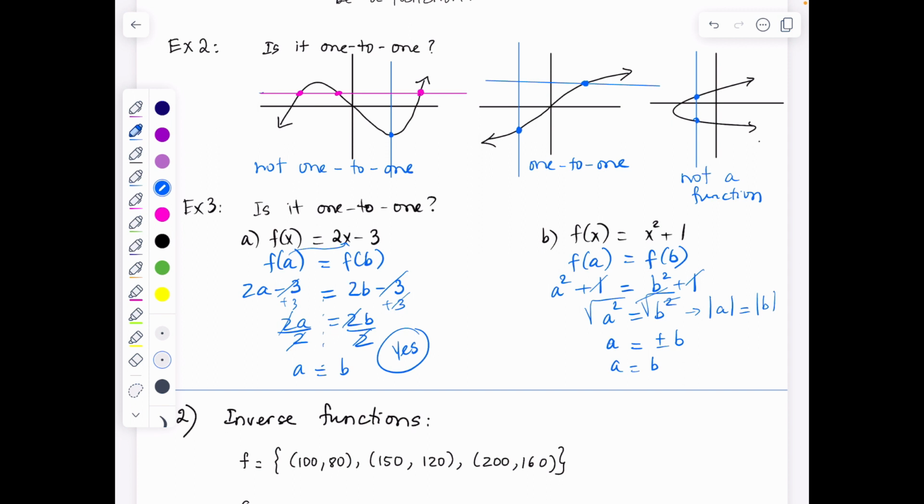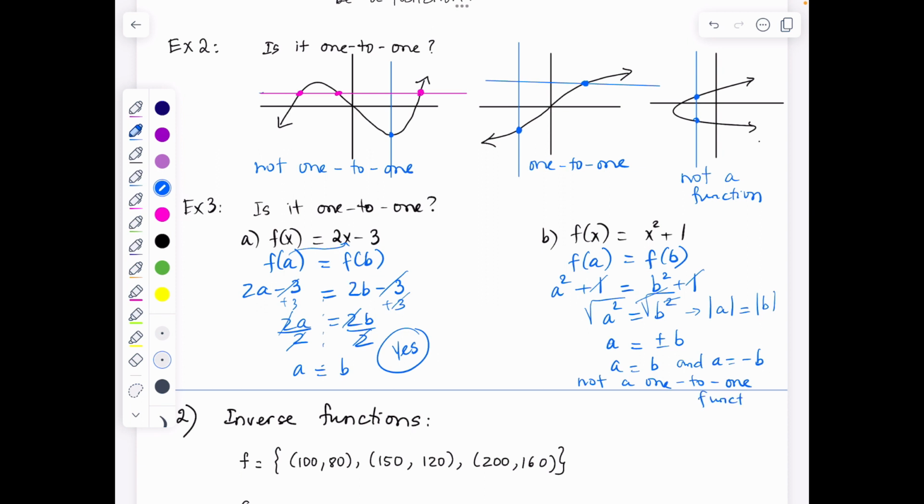You have a is equal to b, but also a is equal to negative b. So we couldn't exclusively show that a is equal to b, therefore, this is not a one-to-one function.